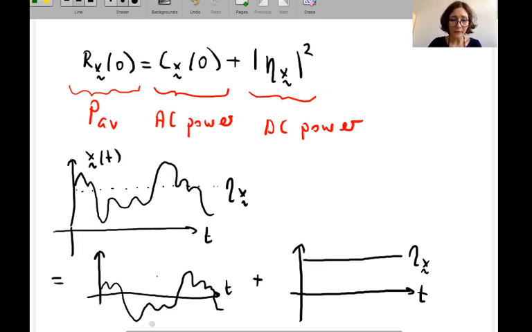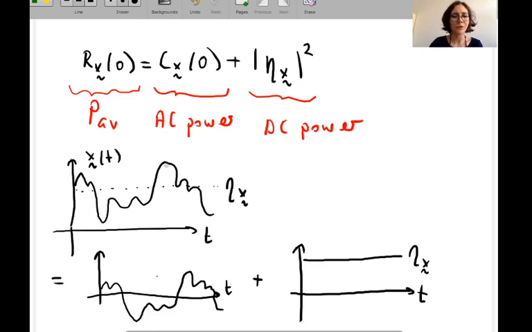The autocorrelation function of this AC part of the process is going to be the same as the autocovariance function of the original process. So the average power coming from this part is the same as the Rx of this process at 0, which is equal to Cx of the original process at 0.